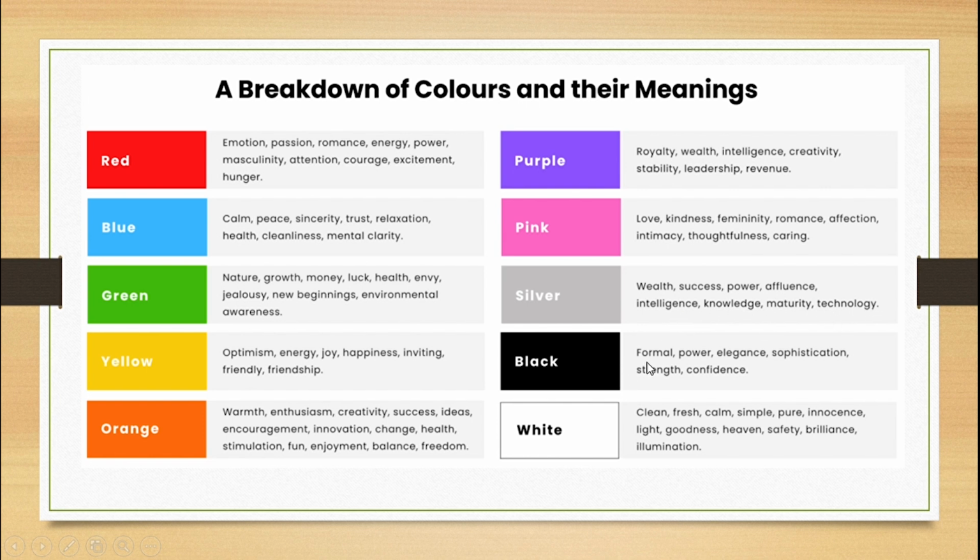Black represents formal, power, elegance, sophistication, nuance, and confidence. While white represents clean, fresh, calm, simple, pure, innocent, light, goodness, heaven, safety, brilliance, and illumination. So those are the meanings of color.